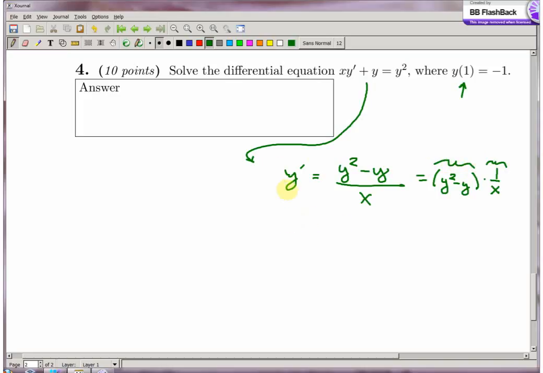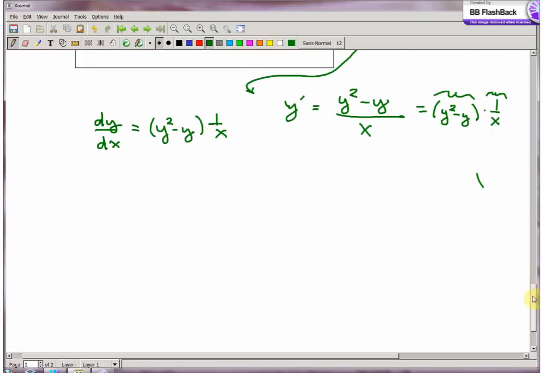And where is dy dx? Well, it's right here. So dy dx is the same thing as y prime, and it's equal to this function of y, y squared minus y, times this function of x, 1 over x. Okay, so we do the trick that lets you solve separable equations.